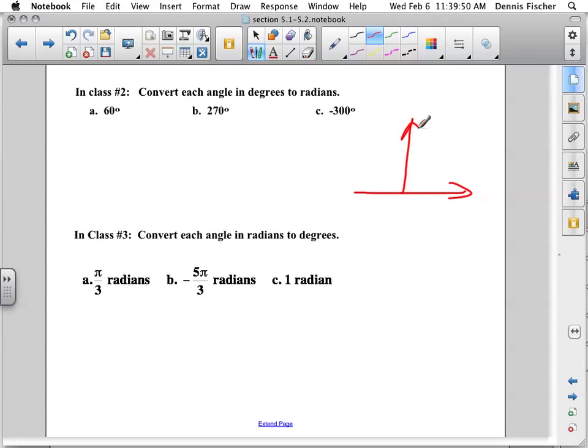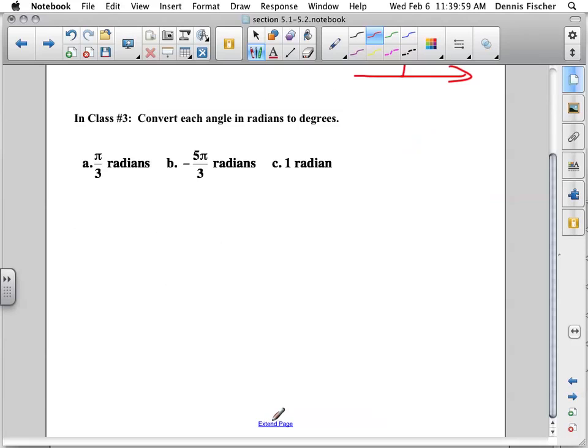Now, if I go by the book, how about this? Actually, an angle is not two rays. The definition of an angle is this: an angle is one ray rotated around a vertex, starting with the initial side, ending with the terminal side.